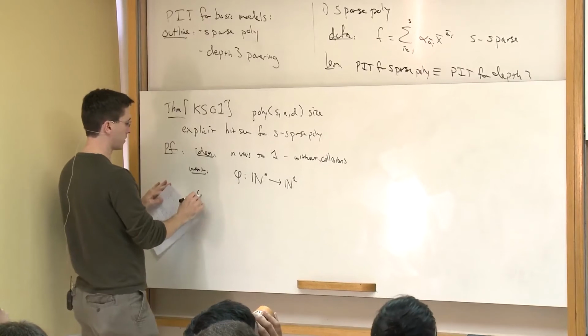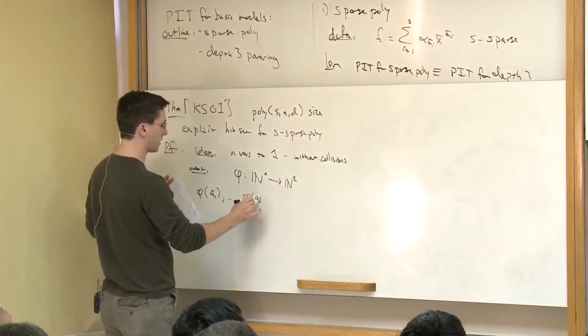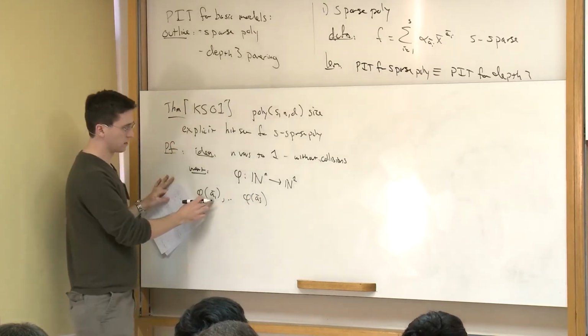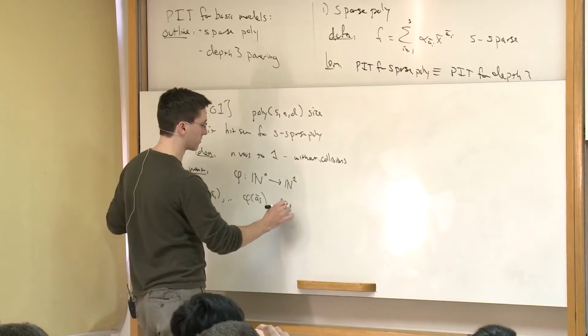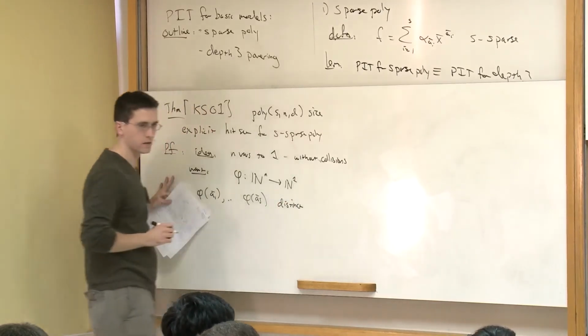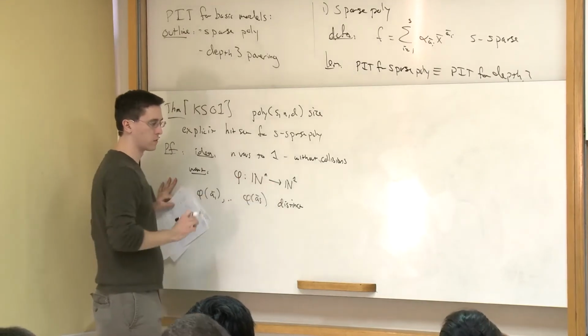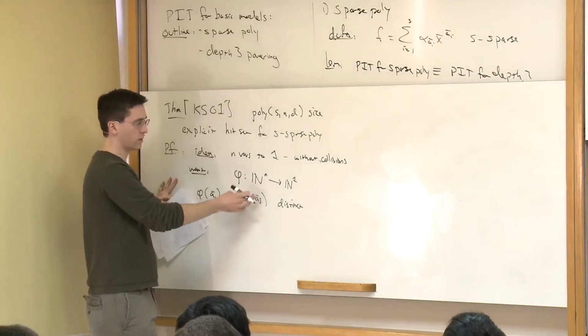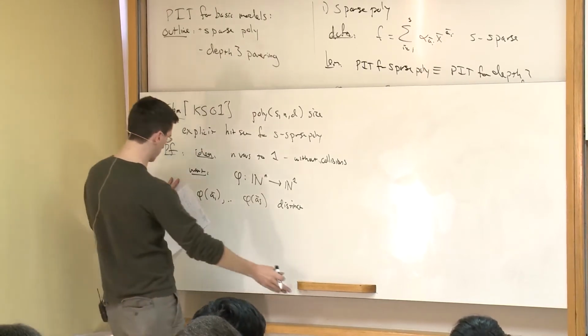And I want phi on a1 up to phi on as, each taking an n-tuple and giving me a number, right, I want these numbers to be distinct. Okay, and that's what I mean by no collisions. I'm going to have a map which takes n variables down to 1, and I want to make sure that when I apply it to these S exponent vectors, there are no collisions at all. Okay, so let's see why this is helpful.